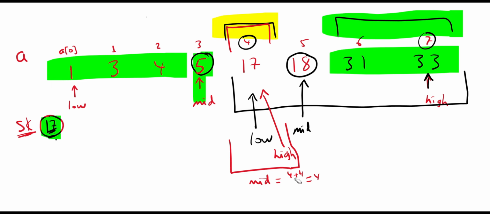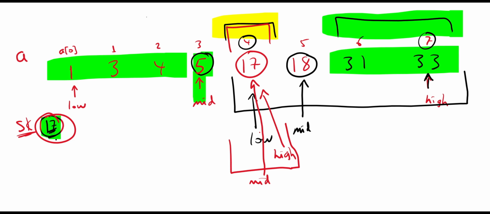So mid will also point to the same element. And I am checking if my search key is equal to the element pointed by mid. Is 17 equal to 17? Yes.